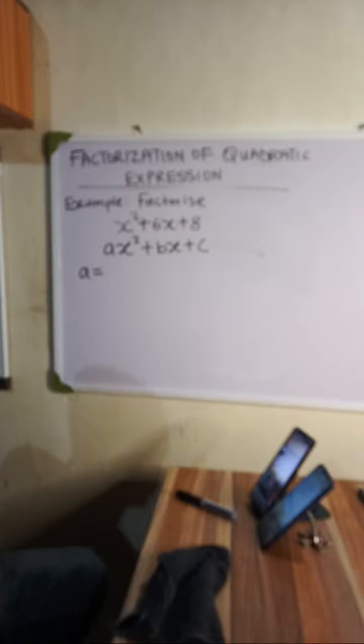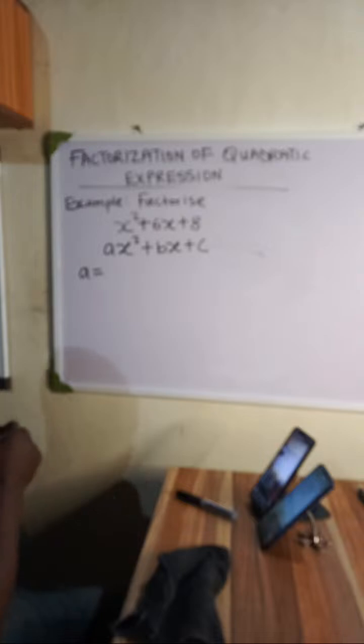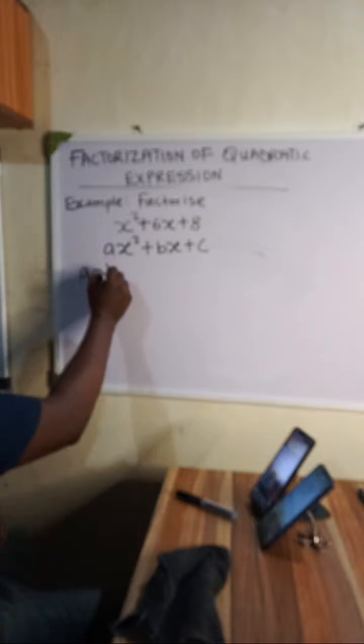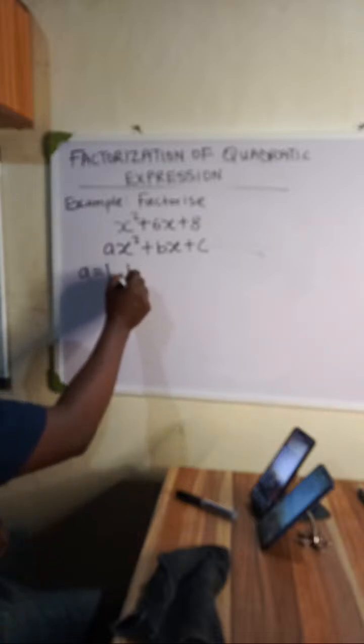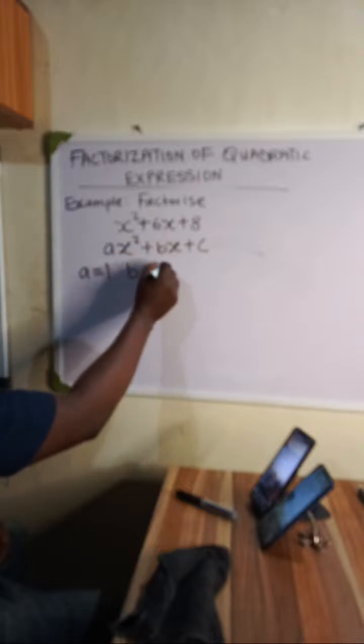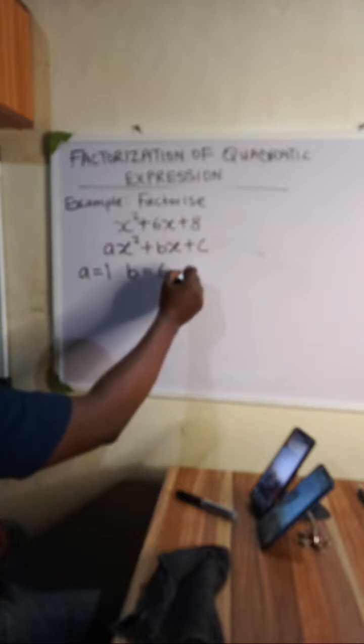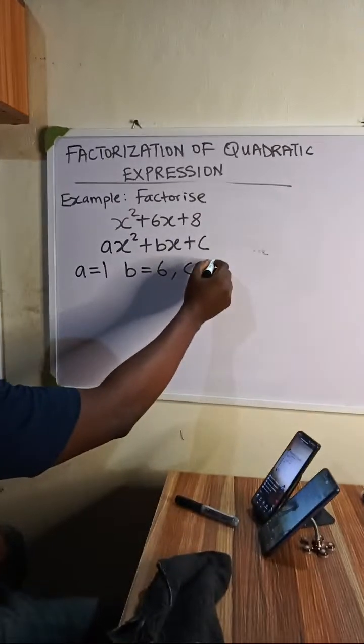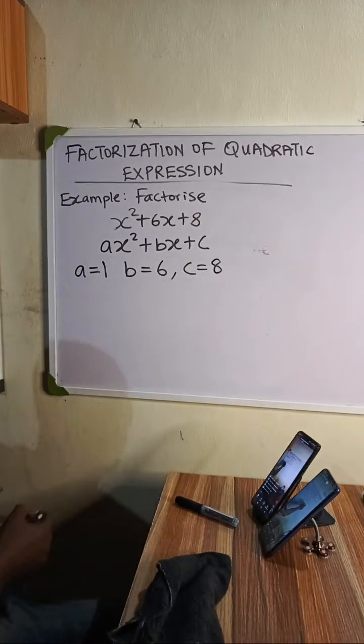If there is, correct. The number in front of x squared is 1. And then b is the number in front of x, which is 6. c is the number without x, which is 8.